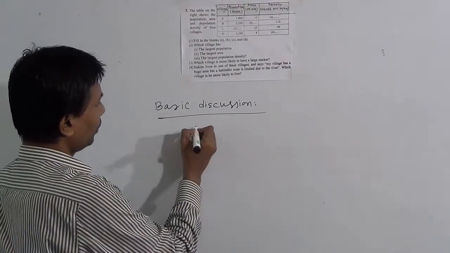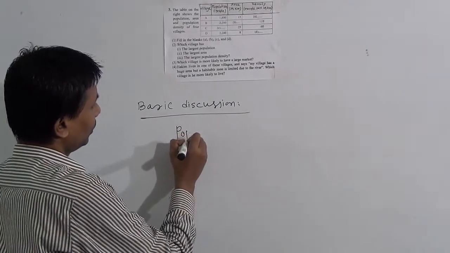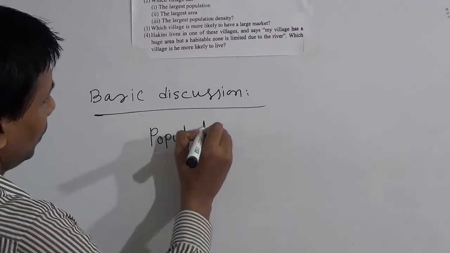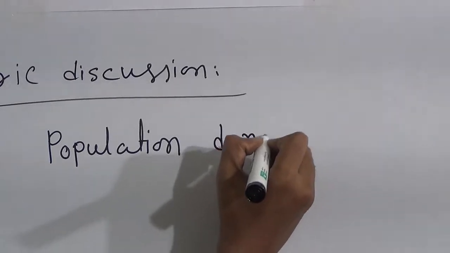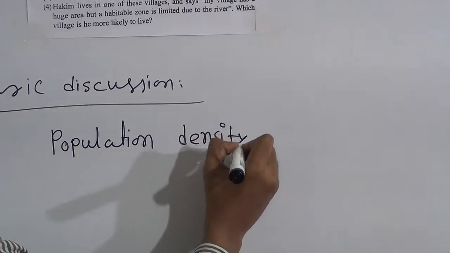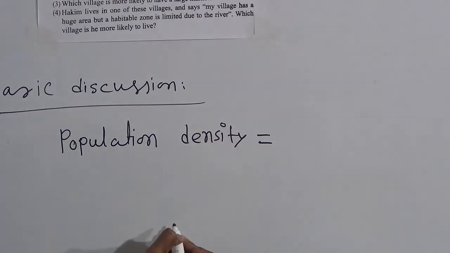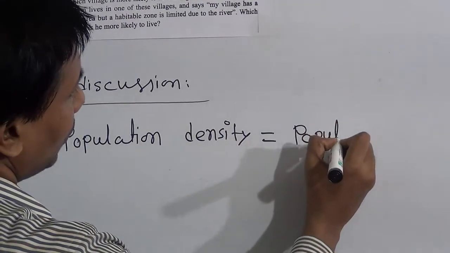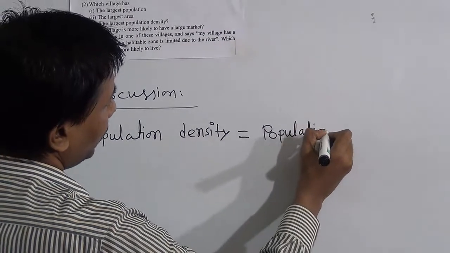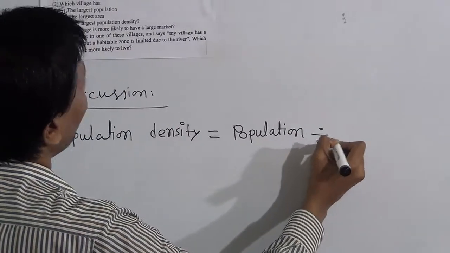We write population density equal to population divided by area.